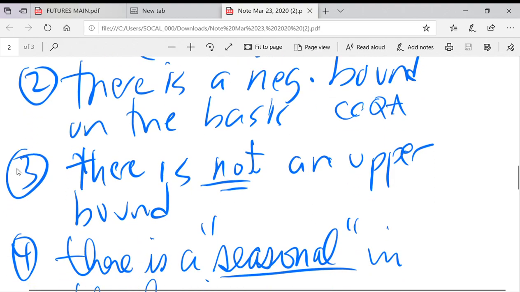Okay. Now we also know there is not an upper bound on the basis, because reverse cash and carry quasi-arbitrage activity is not guaranteed to be able to take place, because reverse cash and carry quasi-arbitrage activity involves taking a short position in the spot asset, and short positions in the spot asset require borrowing of the spot asset, and there are certain times when spot assets cannot be borrowed. One important time to remember is when the economy is really heated up.